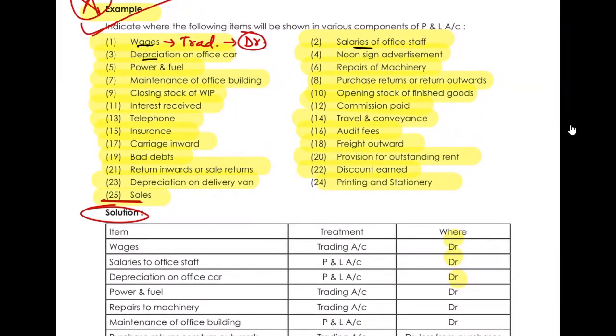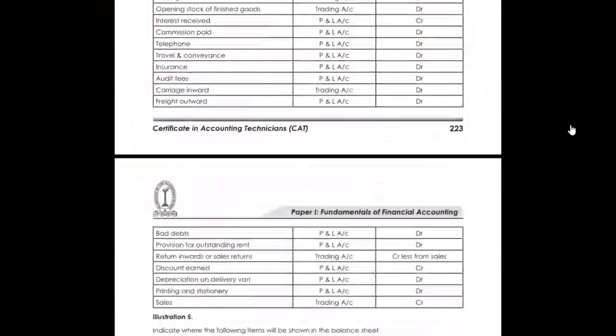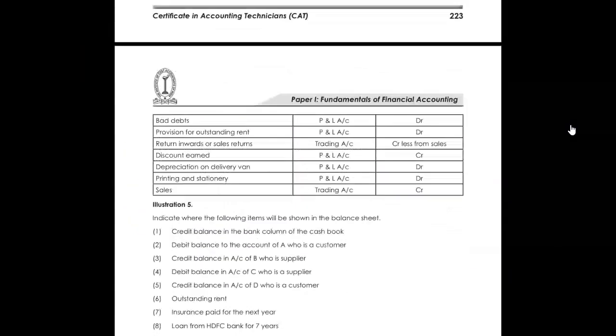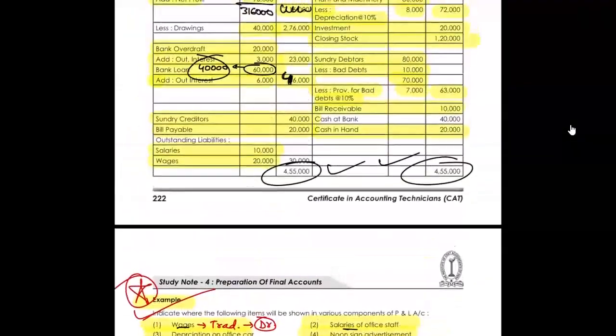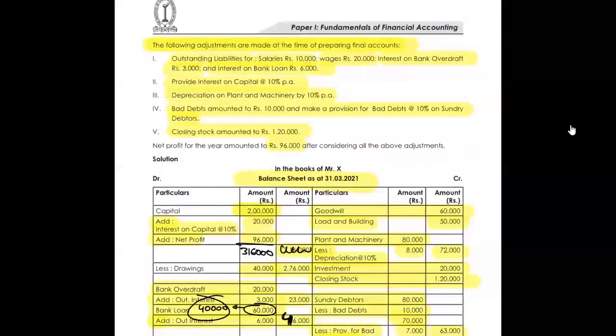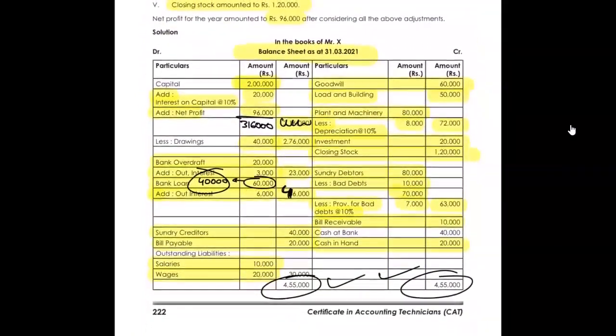Wages, salaries, depreciation, advertisement, power, repairs to machinery, opening, closing, interest, commission paid, bad debts, provision. Okay, in this there is nothing like that. And illustration number 4. So debtors, sundry debtors, is on your debit side only, my dear.